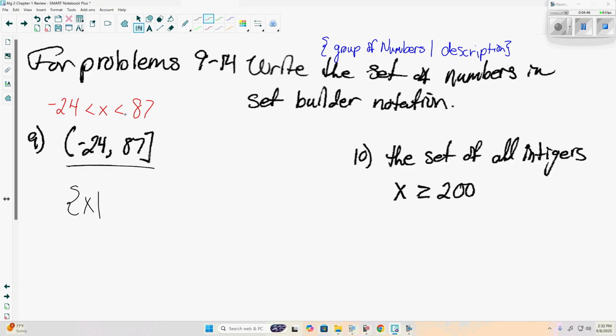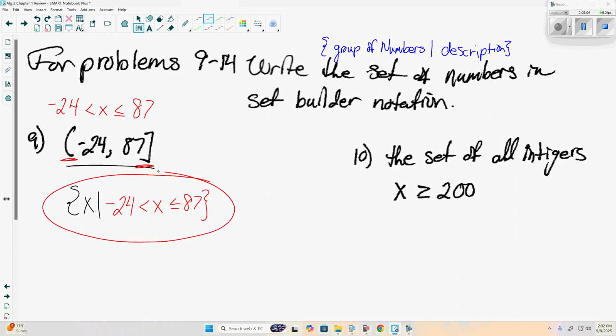So negative 24, because it has a parenthesis sign, it means it's not equal to it. 87 has a bracket, so it means it is. And now that we have that inequality written, we can fill it in. And that's it.